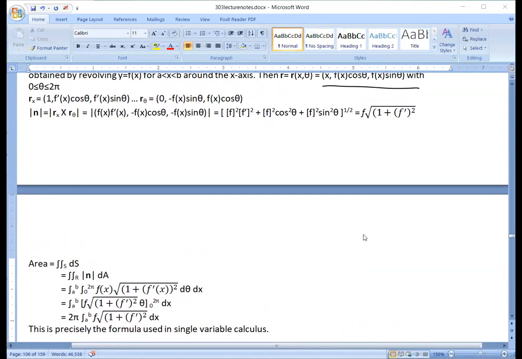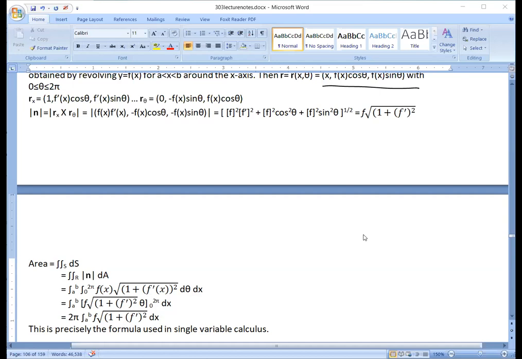We also looked at one or two special cases: the special case if z equals f of x, y, and the special case where your surface is a surface of revolution. But in all of these cases, we know how to do the very first step of the calculation, which is to convert dS into the magnitude of the normal vector times dA.